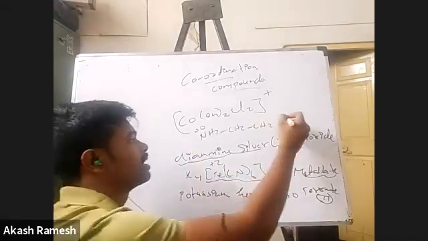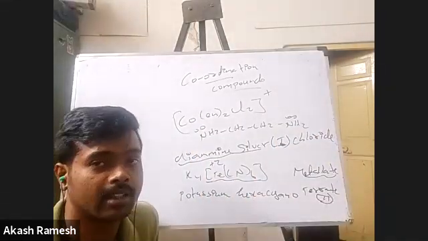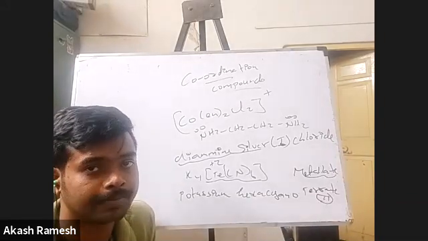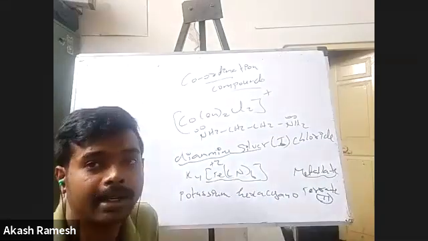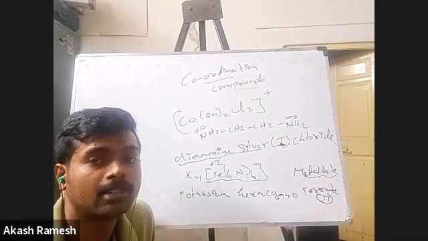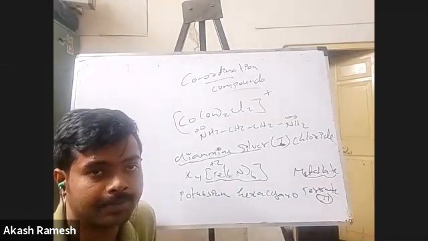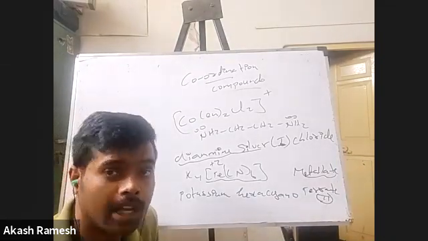What you see is that there are two coordination sites, two sites from which the ligand can bond with the metal. So it is called a didentate ligand. EDTA is a tetradentate ligand. Like this, the denticity also matters for naming.